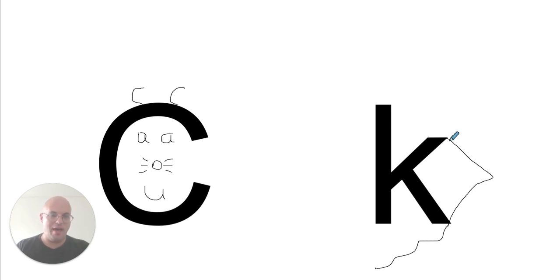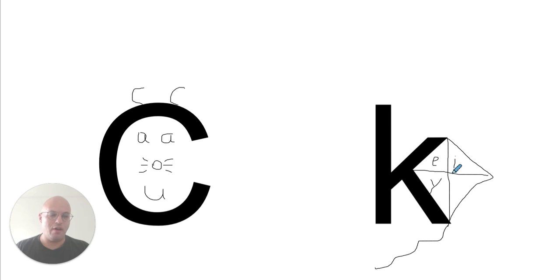I'm going to stop adding more before I turn it into who even knows what. And then we divide our kite into quadrants. And then in one of our quadrants we put an E, in one we put an I, and in one we put a Y, and we're going to just leave the other one blank. This is our kite rule. We use the letter K before E, I, and Y.